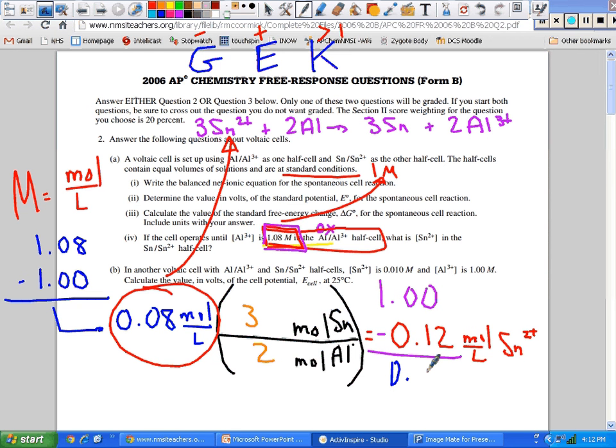Okay. Again, it's a weird way to think about it, and personally, I would have started this the exact same way and come up with something totally different. But again, they're asking for a difference. And since this changed 0.08, that's what they're looking for. They're looking for a change. How much did it change?